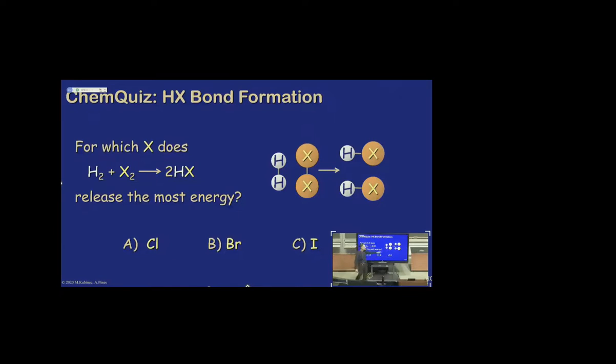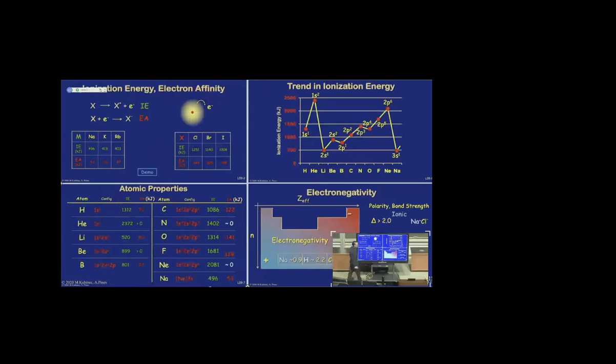So you go for the highest electronegativity, most polar bond, and the trend in electronegativity is that up in the right-hand corner are the most electronegative. Chlorine is bigger than bromine, is bigger than iodine. So that's HCl releases the most energy when it's formed. That's the most exothermic.